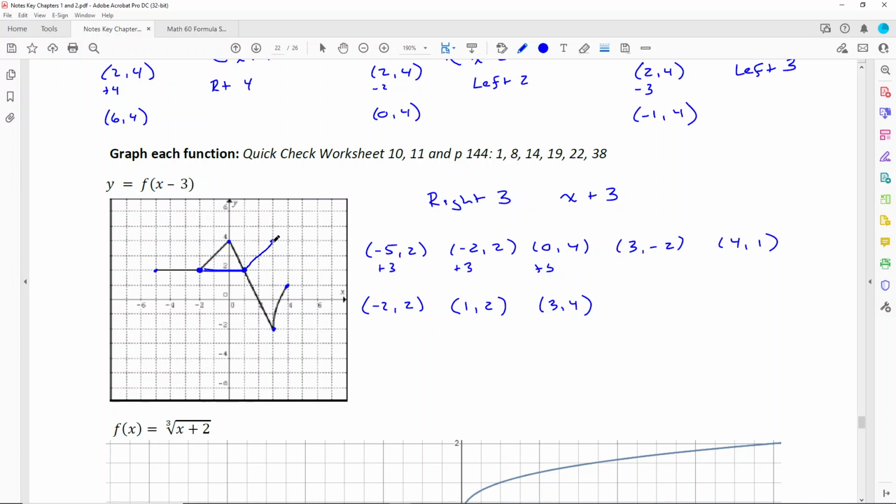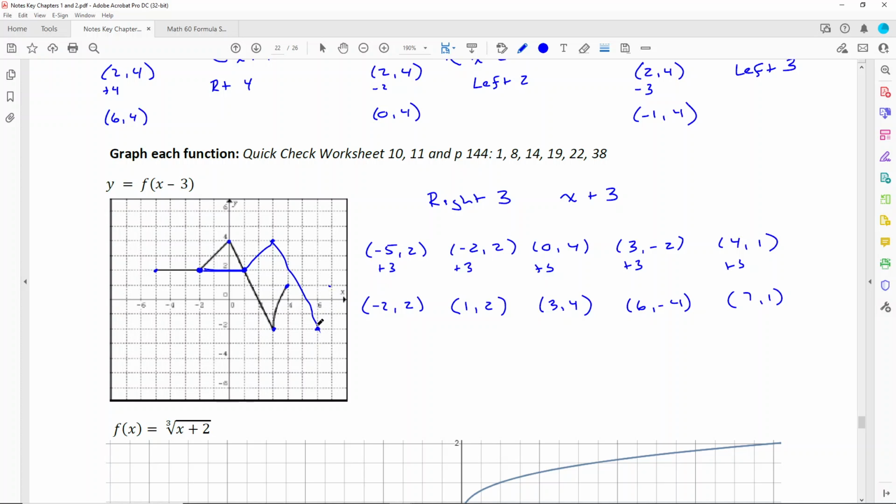There's my next little part of my graph. Then this one, I'm adding 3, I get 6, -4. In other words, I'm taking this point and moving it right 1, 2, 3, and I get that part of the graph. And then lastly, I'm going to move this guy right 3, and I get a 0.71. In other words, I'm taking this point here and going right 1, 2, 3.